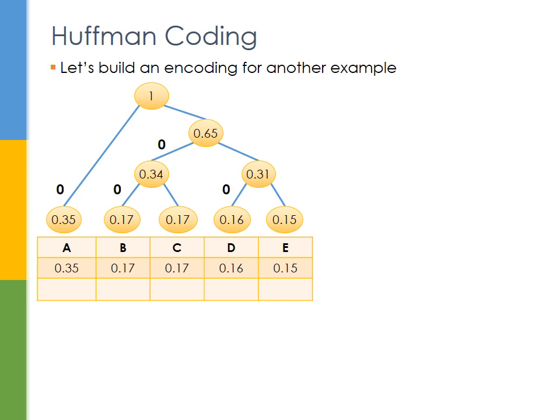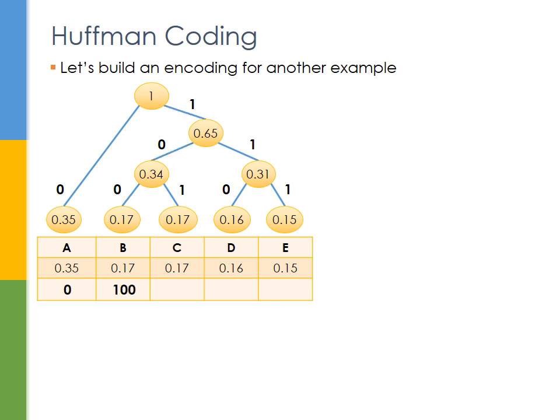Next, we associate zeros with all of the left branches within the tree and ones with all of the right branches. Then we need to determine the encoding for each of the symbols, tracing from the root. So we trace from the root down to the leaf for symbol A, which gives us an encoding of 0 for A. Then for symbol B, we trace from the root again, getting an encoding of 1, 0, 0.